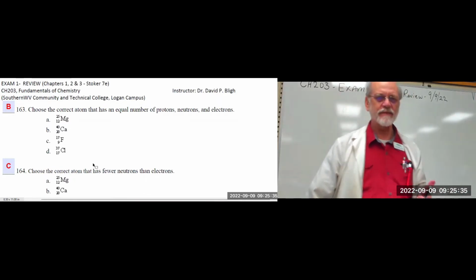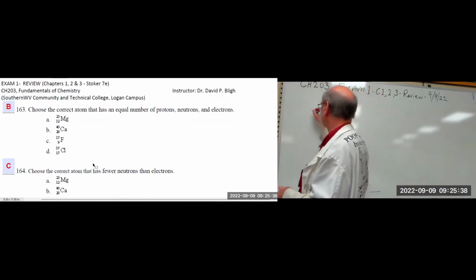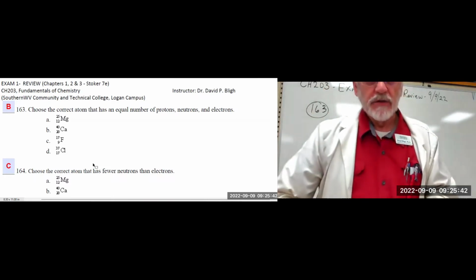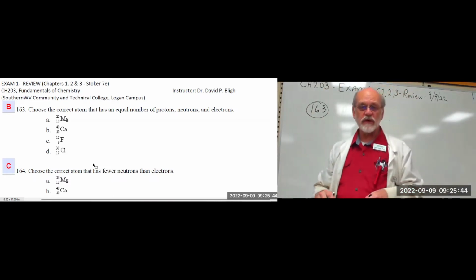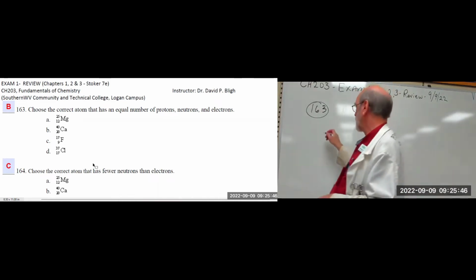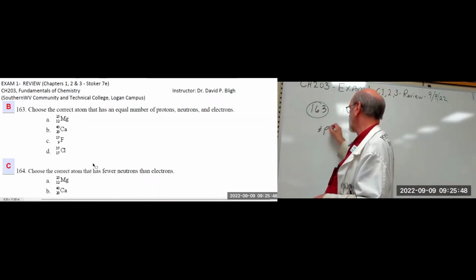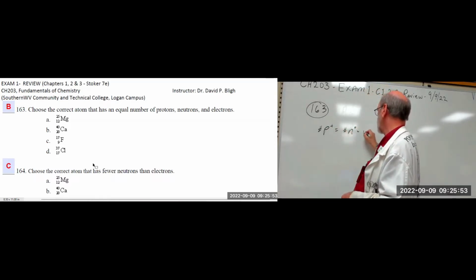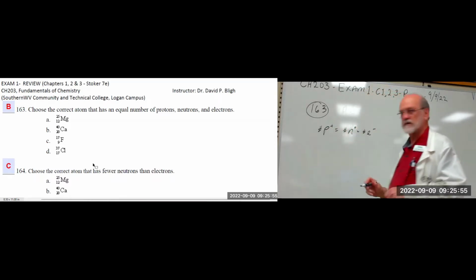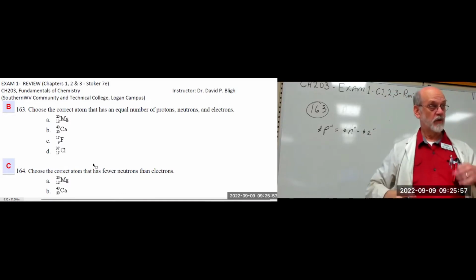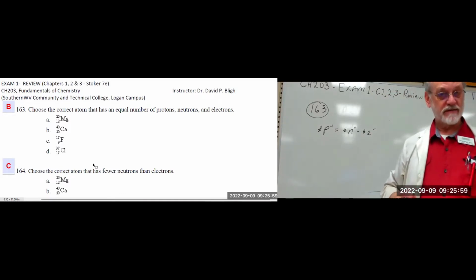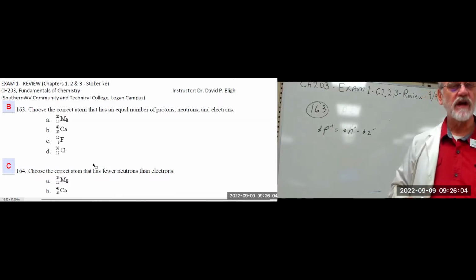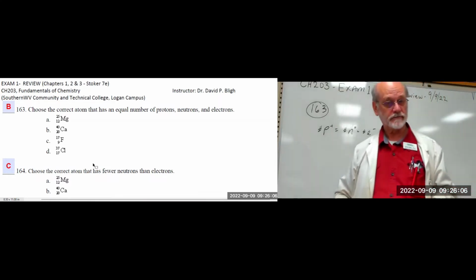Okay, choose the correct atom, 163. Choose the correct atom that has an equal number of protons, neutrons, and electrons. So the number of protons equals the number of neutrons equals the number of electrons. That's the condition, right? We read the problem, and what's the question? We have to have a clear understanding of what the question is, otherwise we'll never find the answer.